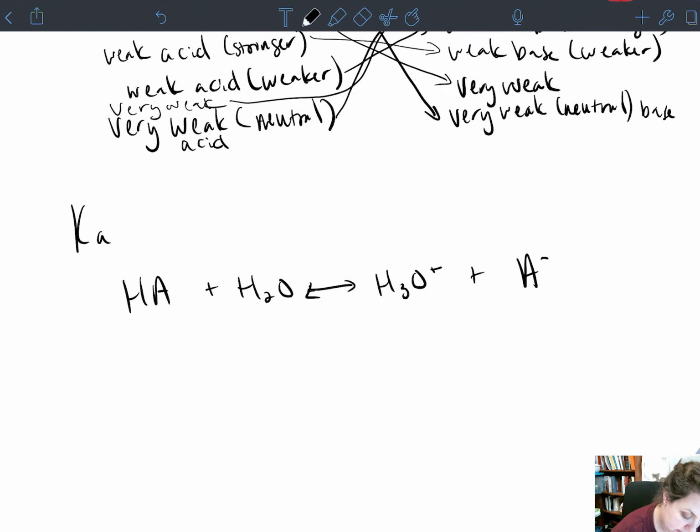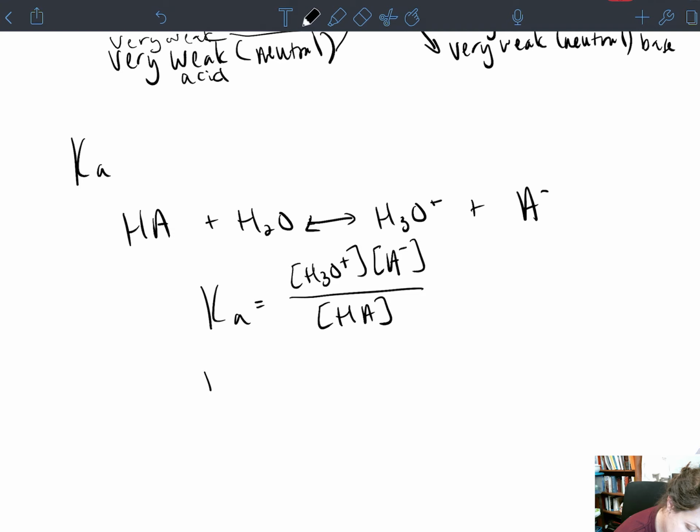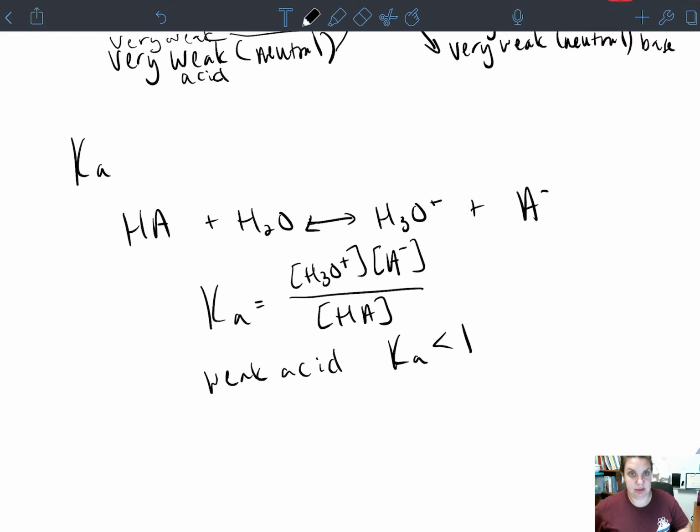Our Ka would be given by our hydronium concentration times our anion concentration divided by our HA. And for a weak acid, our Ka is going to be less than 1. Okay?